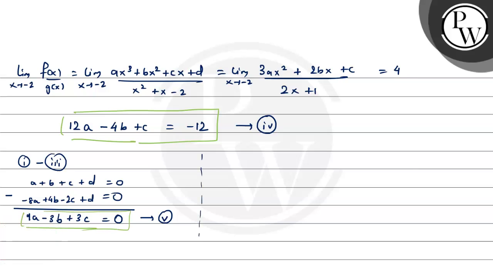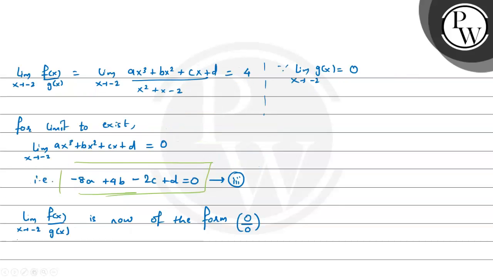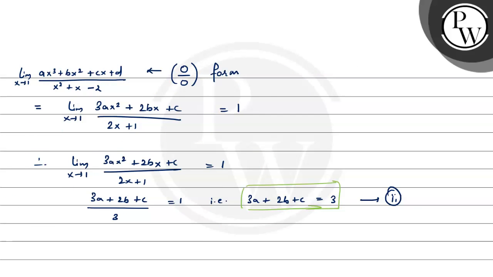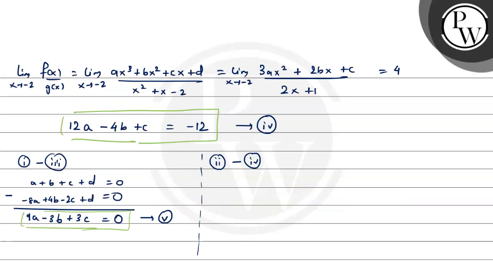Now further subtract 2 and 4. So we have equation 2, which is 3a plus 2b plus c equals 3, minus 12a minus 4b plus c equals minus 12.